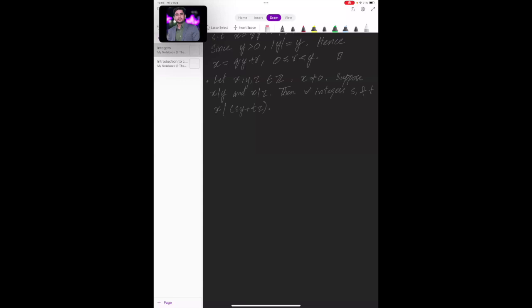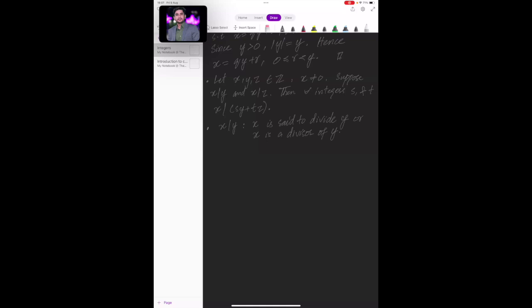When we write this, it means X is said to divide Y, or similarly we can write X is a divisor of Y. This is the notation.